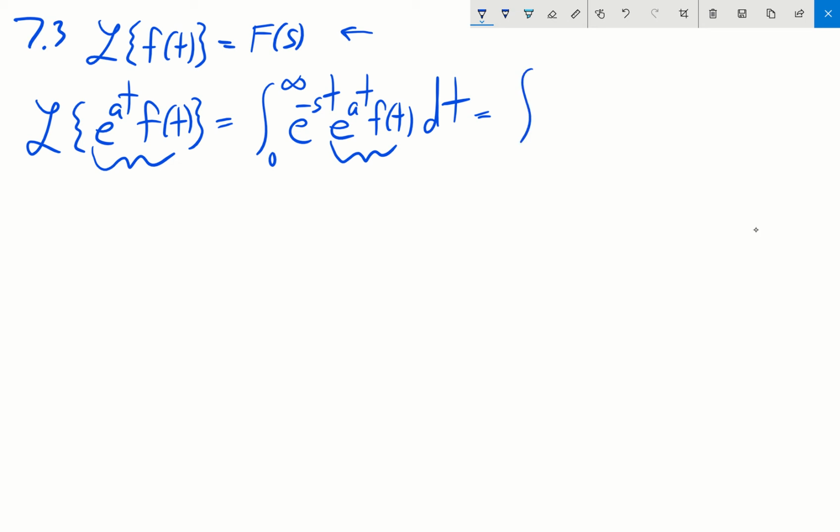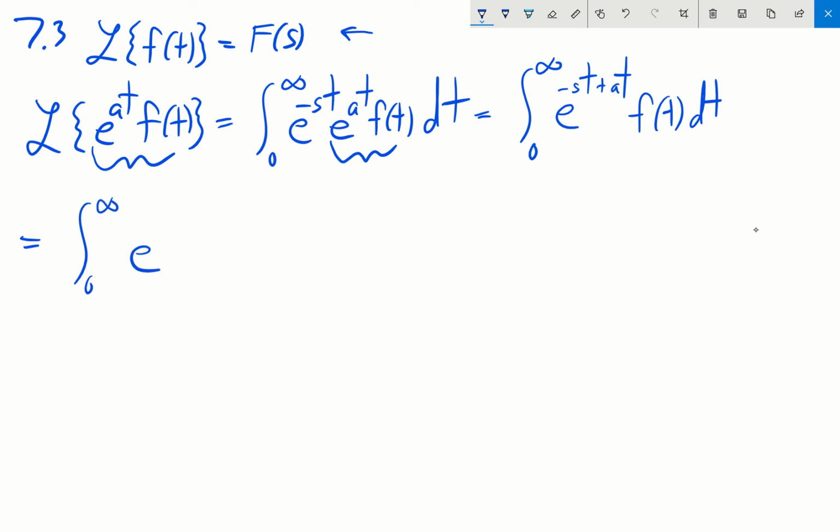We can rewrite the portion on the inside. This is equal to the integral from 0 to infinity of, combine the exponential terms. We're multiplying by like bases, so we can add the exponents, times f of t dt. And then the next thing I'm going to do, let's go ahead and factor out the common terms from that e.